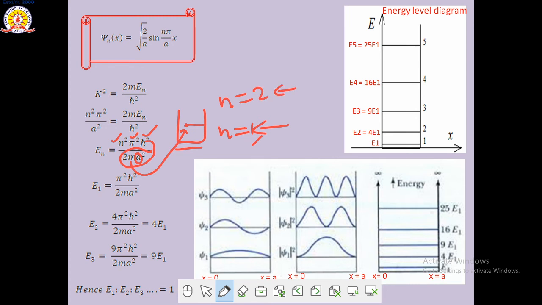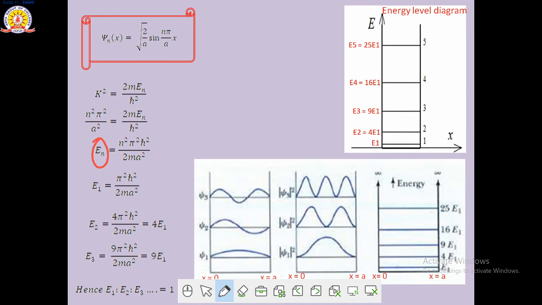After putting in all the values, you will definitely get the energy of the given particle moving in the one-dimensional box. If you put n equal to 1, the ground state energy of the moving particle will be π square h cross square upon 2m a square.